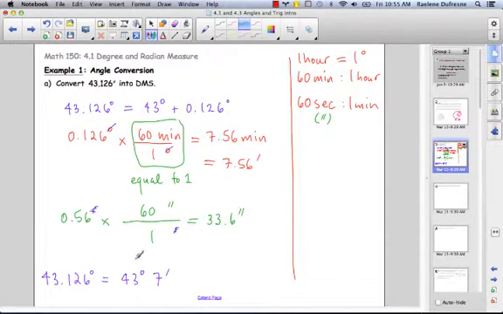And so we can say that 43.126 degrees is 43 degrees, 7 minutes, and 33.6 seconds. We're not going to bother taking the decimal part of the seconds and converting that to another whole number part. And so here we have a conversion from degrees into degrees, minutes, seconds. And remember, 1 degree is like 1 hour.